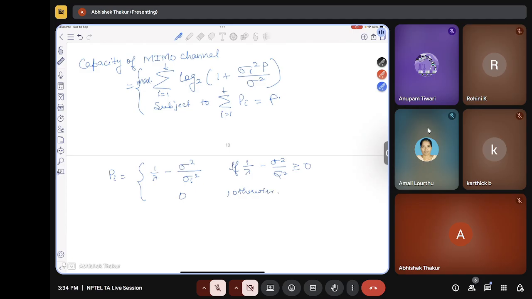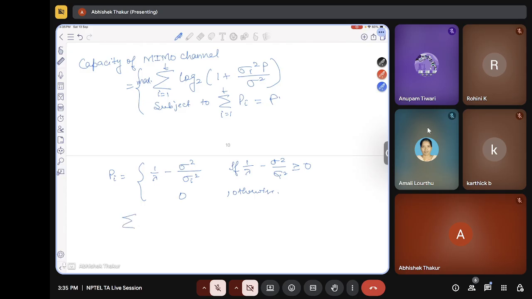So this we can find by multiplying the Lagrange multiplier lambda with the condition, then differentiating it and equating it to 0. Then we will get the P_i.